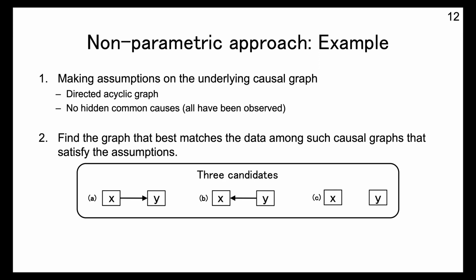Then we try to find the causal graph that best matches the data among the graphs that satisfy the two assumptions. For example, let's consider the case of two variables. In this case, these three graphs satisfy the assumptions of the directed acyclic graph and no hidden common causes.